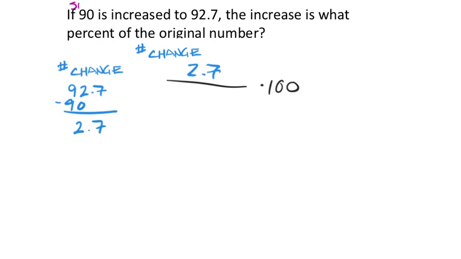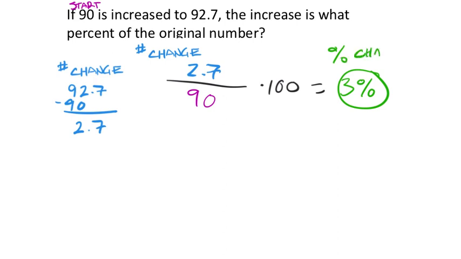So that's 90. Yeah, it starts with 90. So that has to go on the bottom right here. Now, when I did this, it gave me exactly 3%. There was no need to change or round this at all. It just came out 3%. That's the amount of the percent of change on this one.